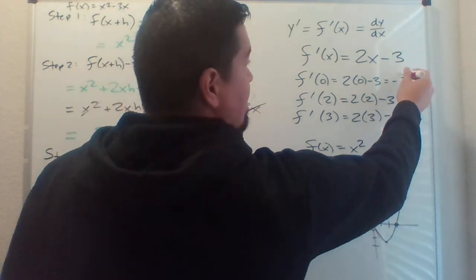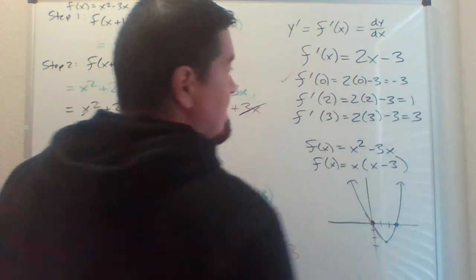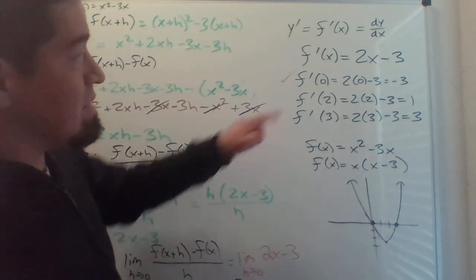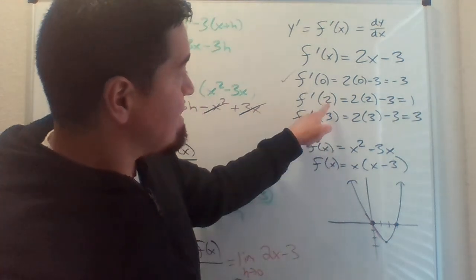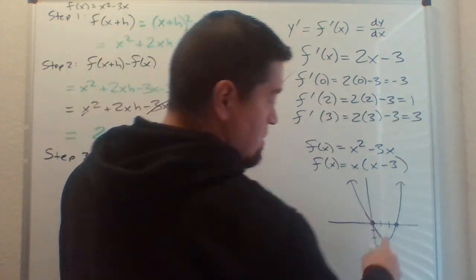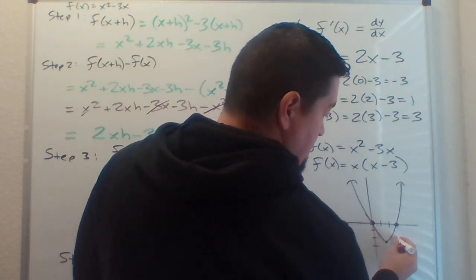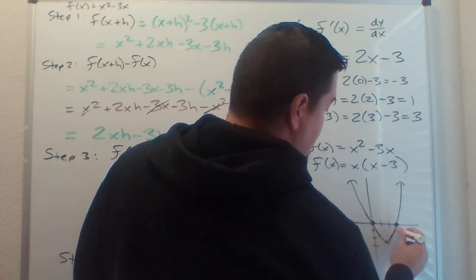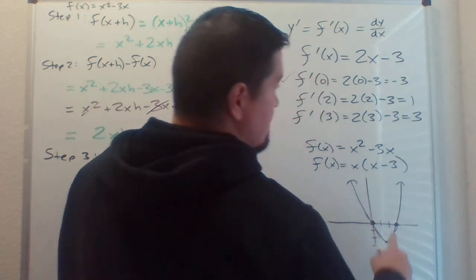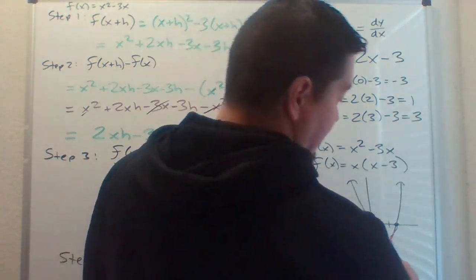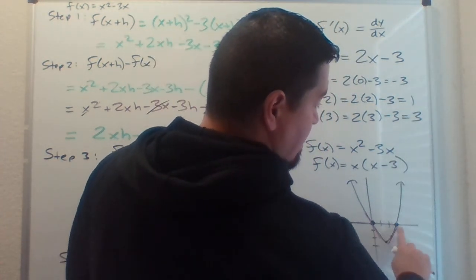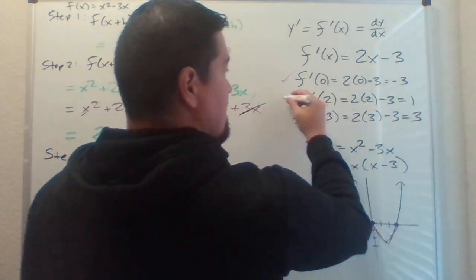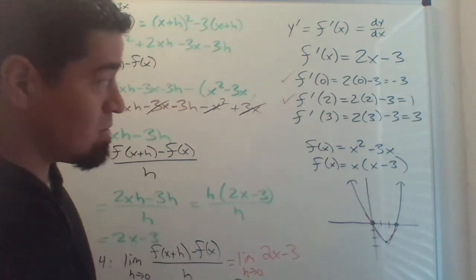So that's why that makes sense at x equals 0. At x equals 2, where's 2? 2's right here. The slope here appears to be positive, which is justified by what we have. In fact, it looks to be about an up 1 over 1 slope, just like this says. So that's how that makes sense with the graph.